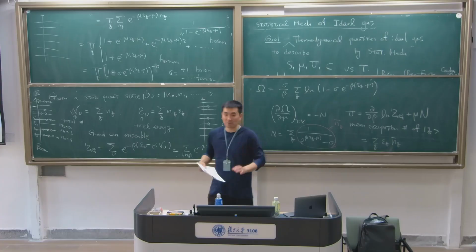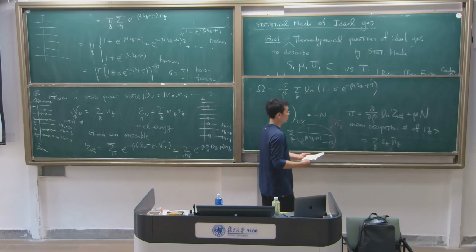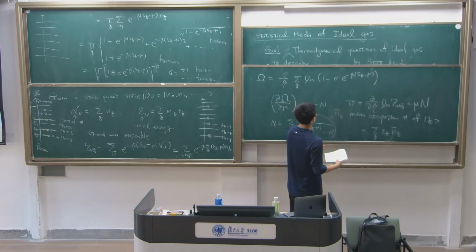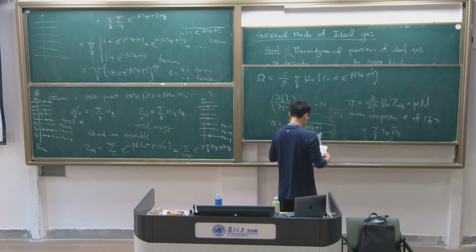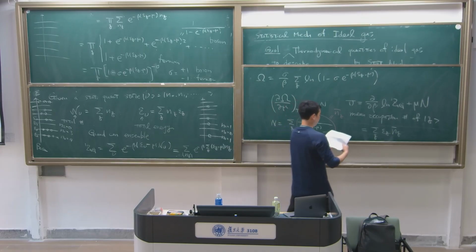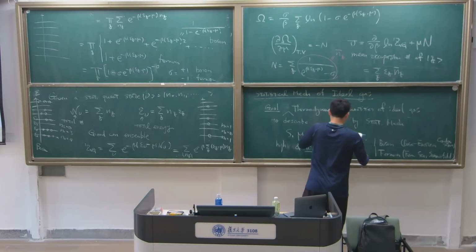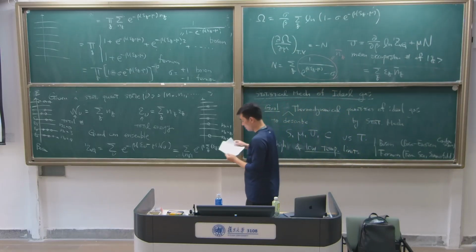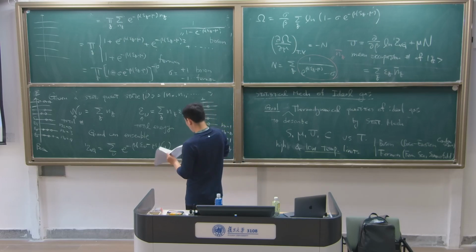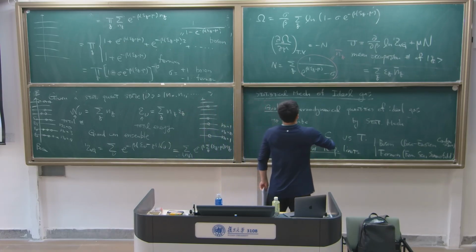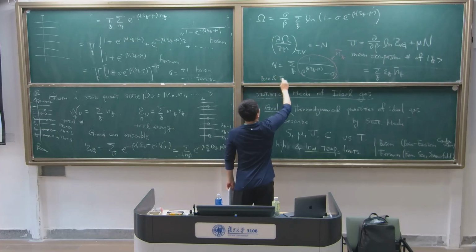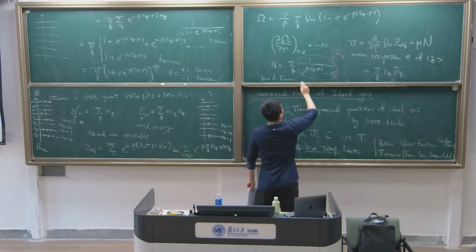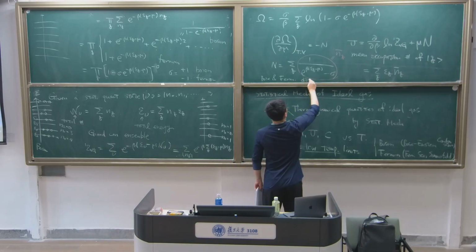Is that okay? So this is the Bose and Fermi distribution, and this n bar is the distribution.